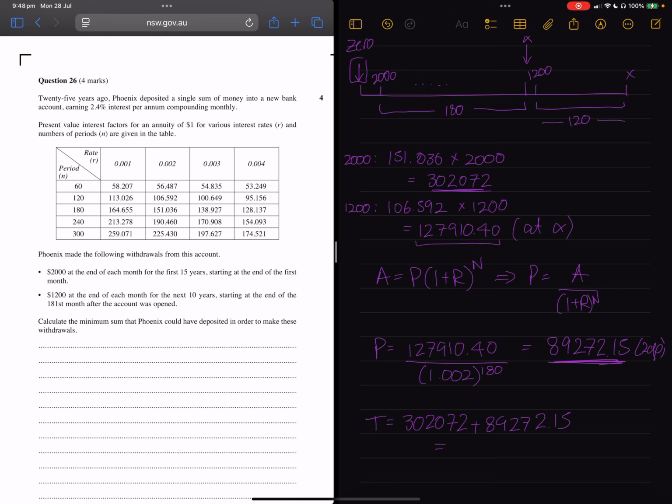My calculator tells me this is 391,344.15. So this is approximately the amount that you'd need to put in the account in order to end up with 180 $2,000 withdrawals and then 120 $1,200 withdrawals.